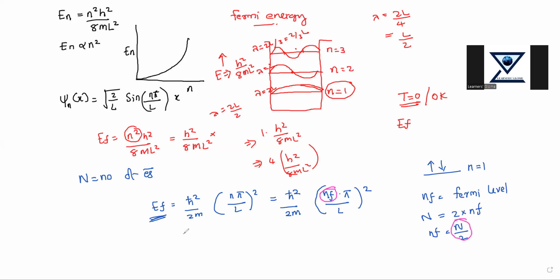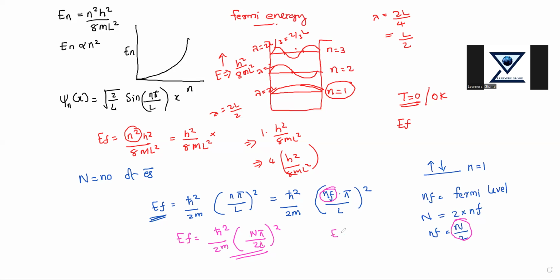Then our equation E_F is equal to ħ² by 2m into (Nπ/2L) whole square. This is the expression for Fermi energy. And what are the parameters? Here it is 2L.